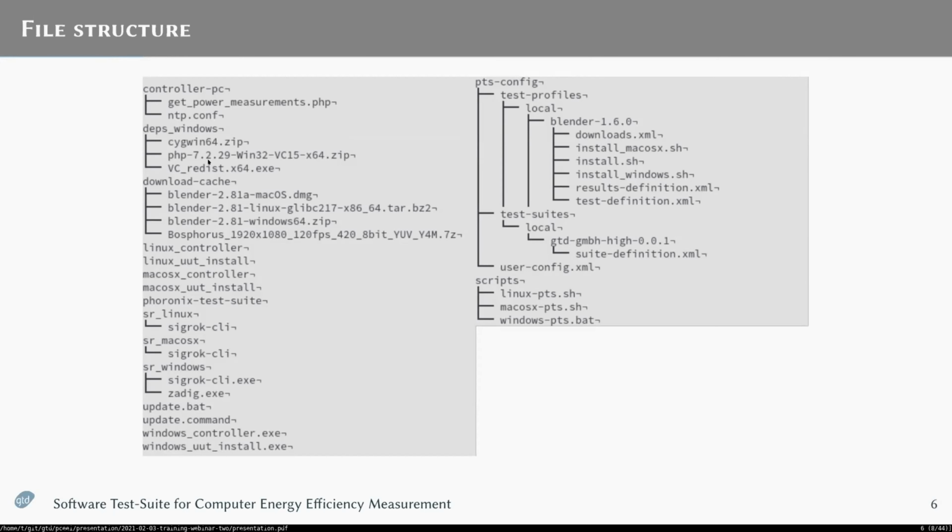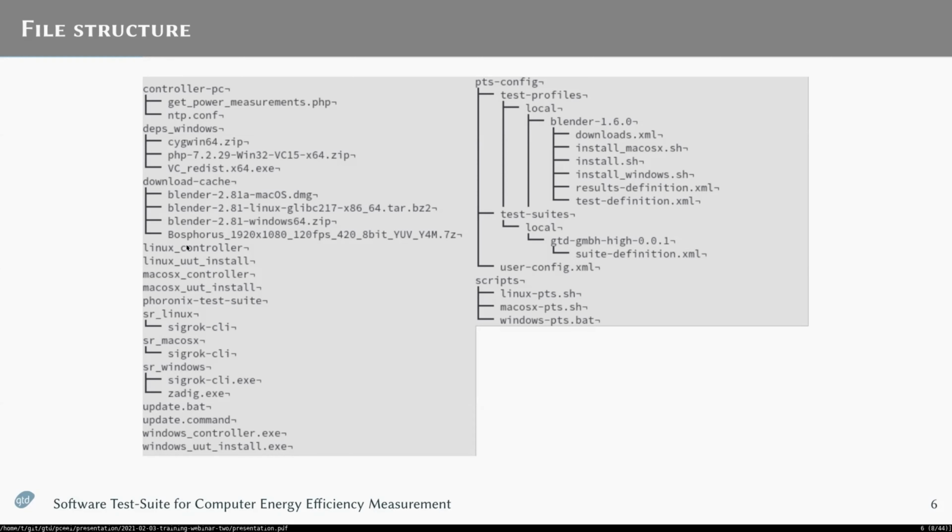Here you can see the dependencies of Phoronix Test Suite itself, which are necessary to run it on Windows. In the download cache, we have, as I said, the installers for all the software which is needed. For example, we have Blender in version 2.81 for each of the operating systems. And we also have test data. For example, this here is a video for the video encoding test, which is also located here.